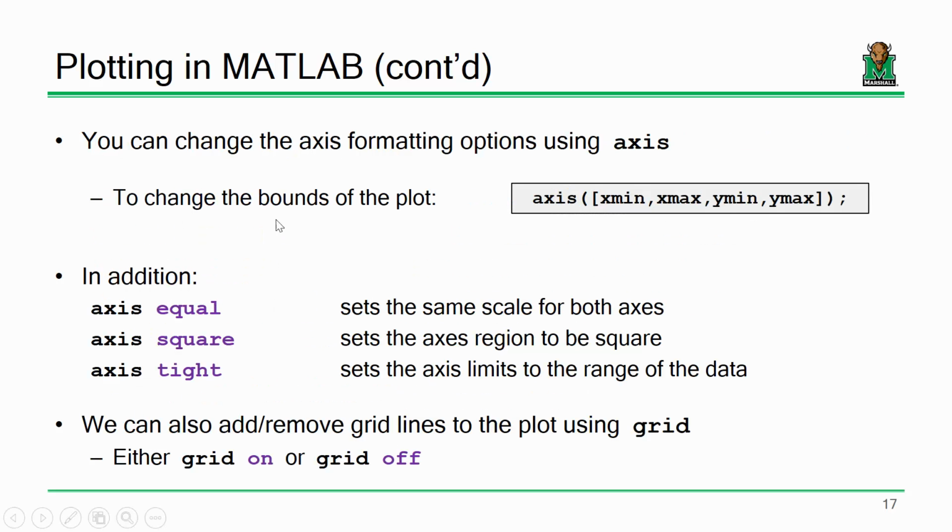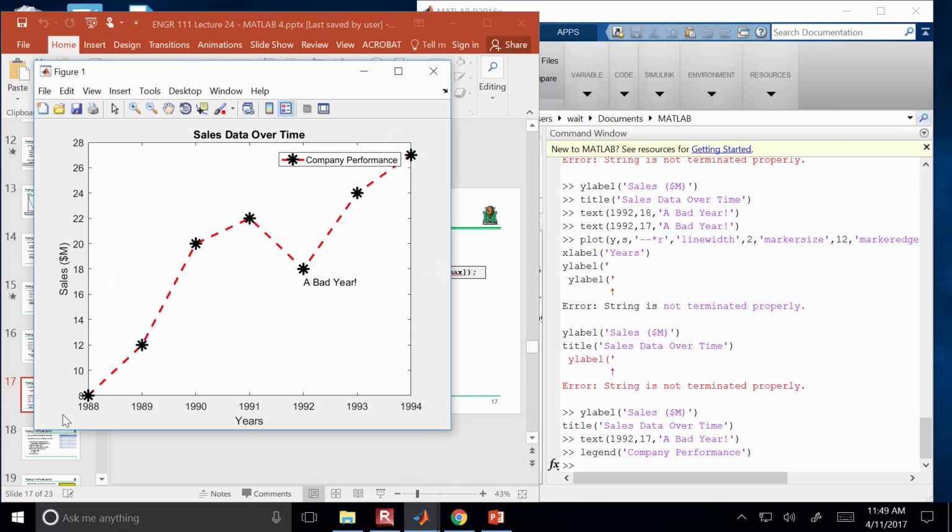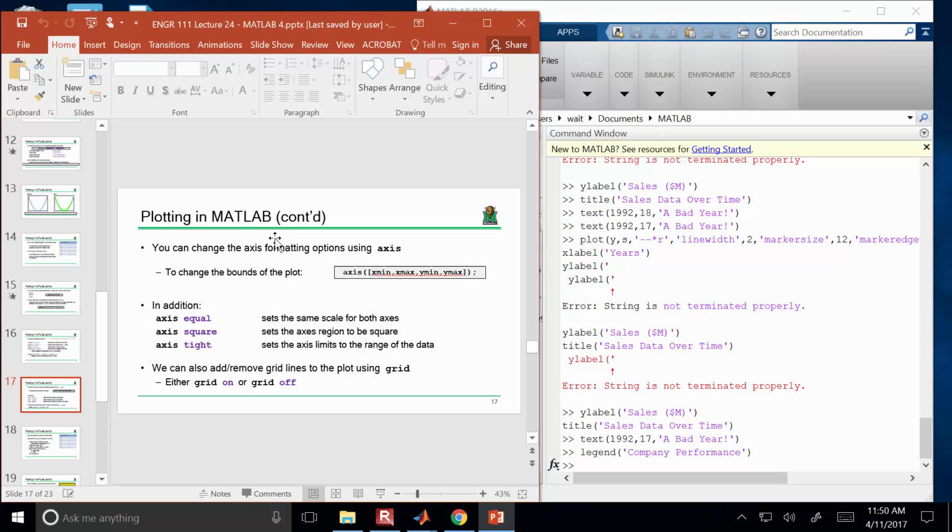Okay, we can change the bounds of the plot. Right now, what are the bounds of the plot that we've got? It's starting at 88 and it's going to 94. Well, what if we didn't like how that marker is right on the edge? If we wanted to change the bounds of the plot so that it started at 7 vertically and at 1987 horizontally, then we can specify the bounds using this format, axis, and then you give it the x minimum, the x maximum, the y minimum, and y maximum. And you need to have brackets around it.